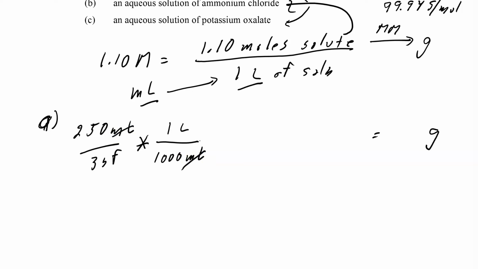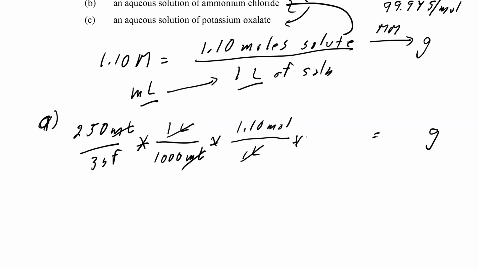Milliliters cancel. I now have liters, and now I can use my conversion factor, molarity, as is. I'm going to have moles upstairs, liters downstairs, because I want liters to cancel. So I've got 1.10 moles upstairs per 1 liter. My liters cancel. I now have moles.